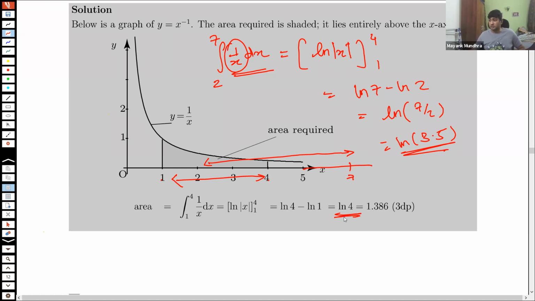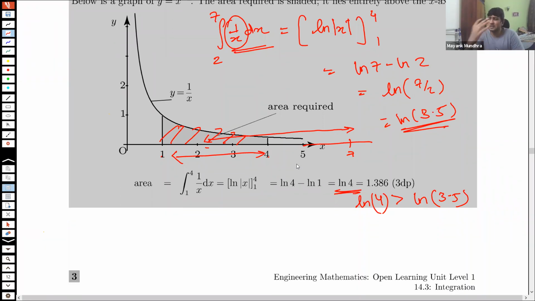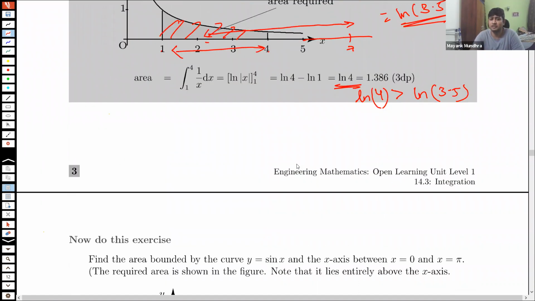So log 4 is larger. Log is an increasing function. 1 by x is a decreasing function, but log is an increasing function. So ln 4 is greater than ln 3.5, right? So this area is going to be larger than the area contained between 2 and 7. So you can get these indirect questions based on integration.